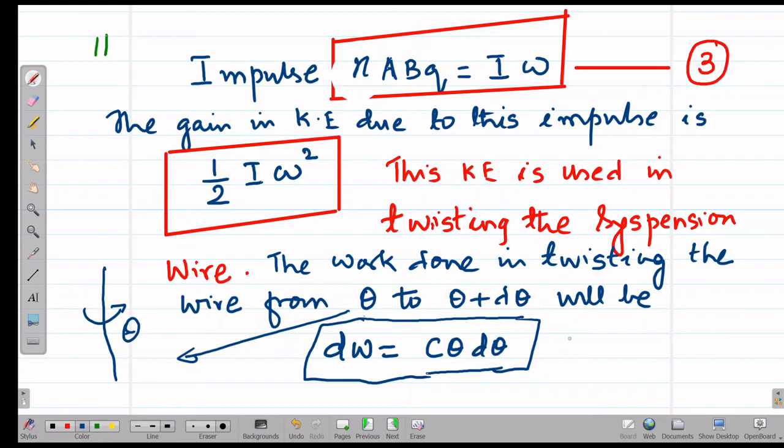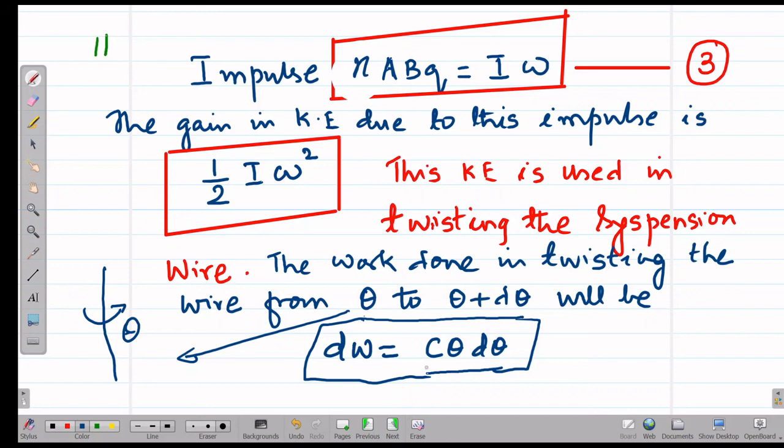Two or three classes before this, I had explained this couple per unit twist. To twist the wire by 1 radian, how much is the couple that you have to use? That is called couple per unit twist. So C is a constant for the wire. It depends on the property of the wire.